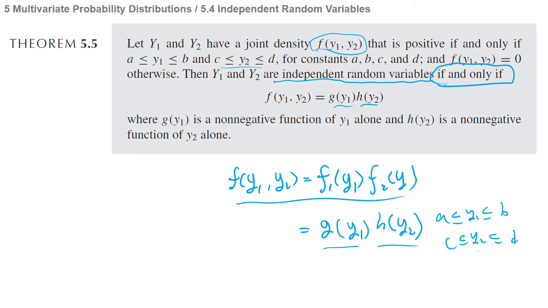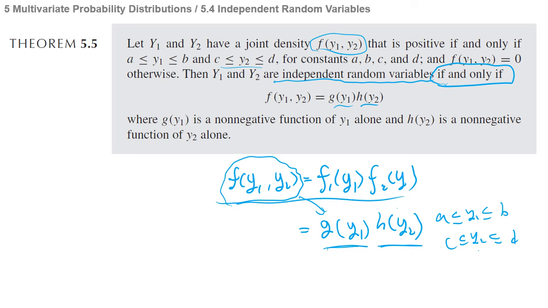But if we can express the joint density function as g(y1) and h(y2), then we can say that they are independent.